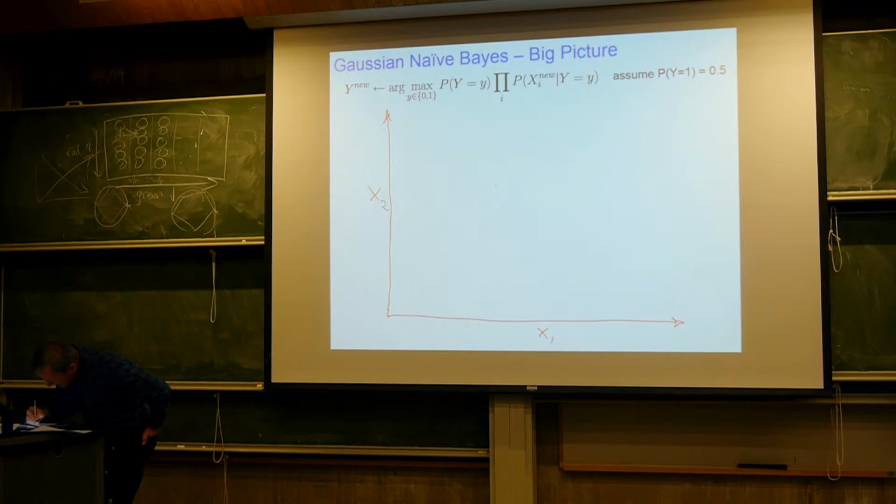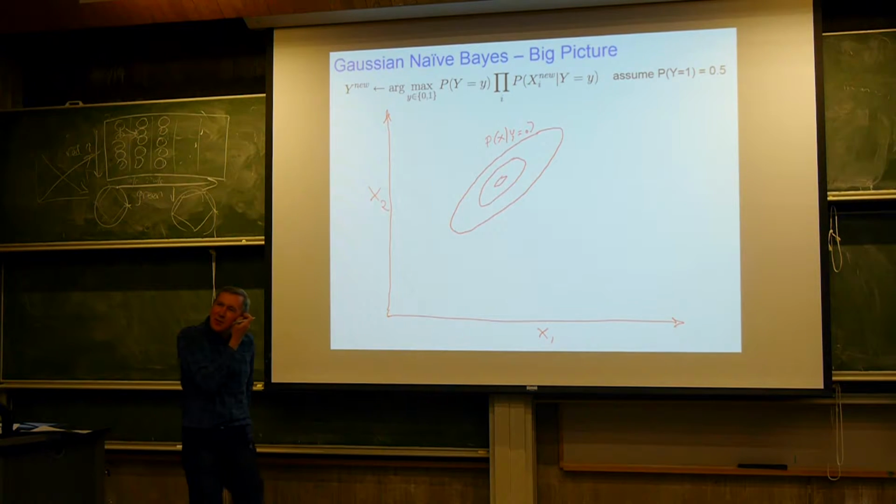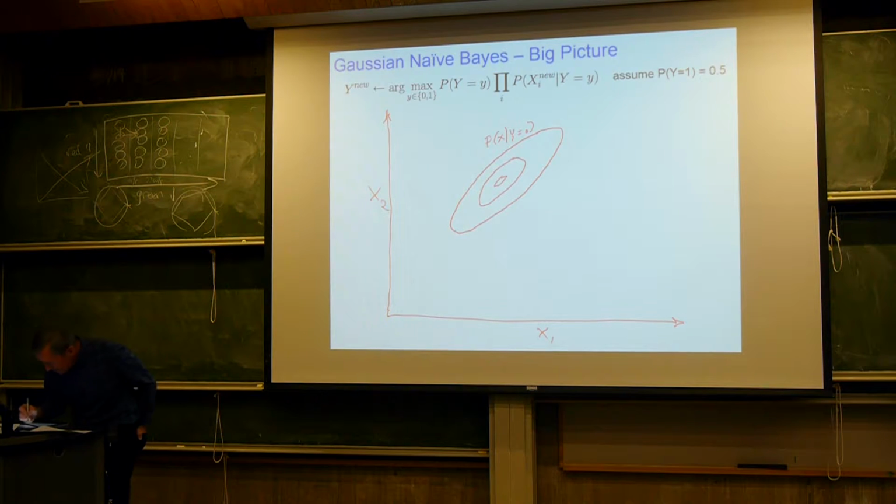It looks like this. So this will be p of x given y equals 0. And suppose here's the true distribution for p of x given y equals 1. This is an artist's conception of a Gaussian distribution.